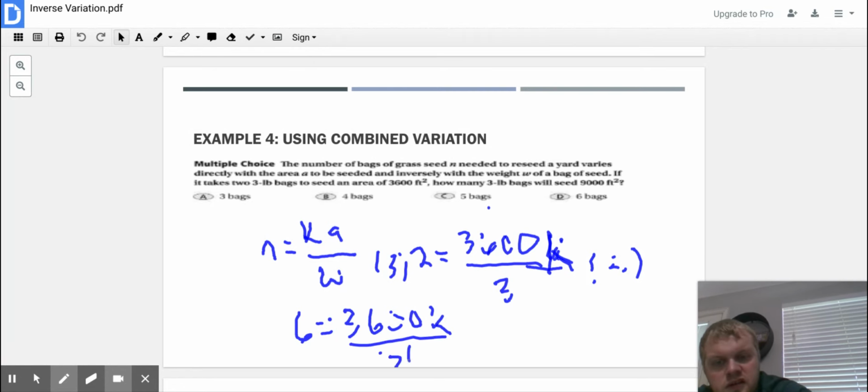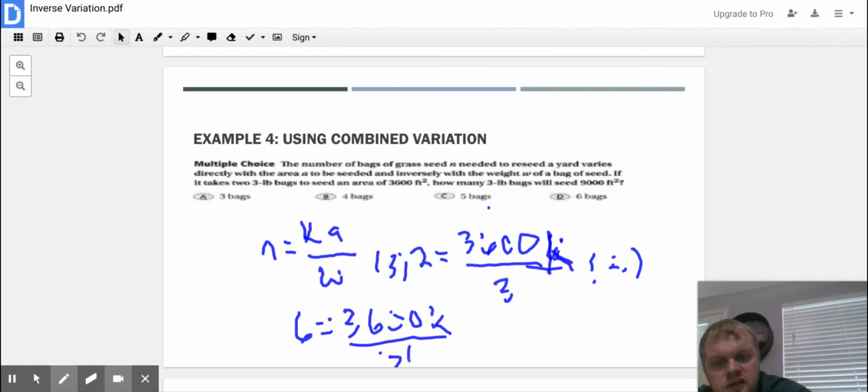So that means that 600 goes on the bottom part of that equation. If I rewrite this, it's going to end up being N equals, if you want to put 1A, you can, but 1A and A are pretty much the same thing. It's going to be N equals A over 600W. Again, K is 1 over 600, that's why the 600 is on the bottom there. Okay. So from here, understand that we are trying to find 9,000 square feet.